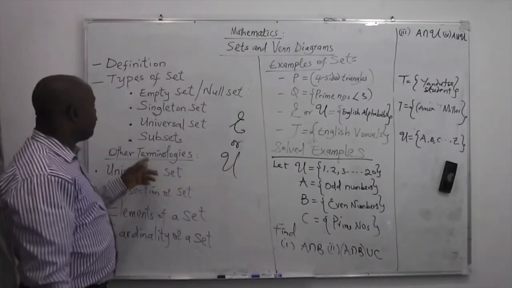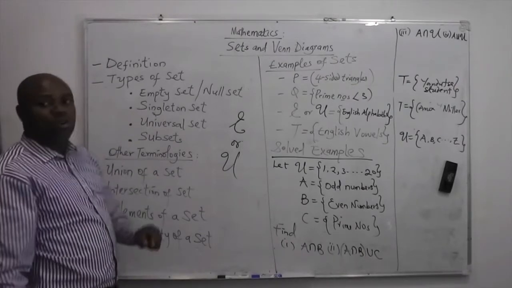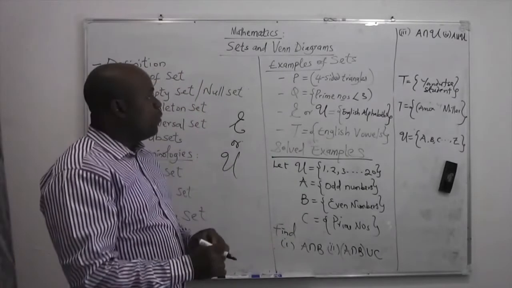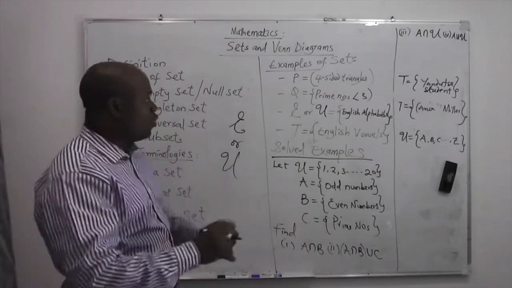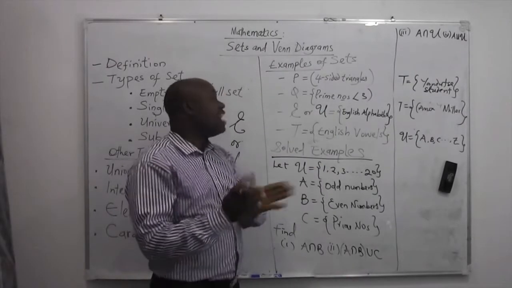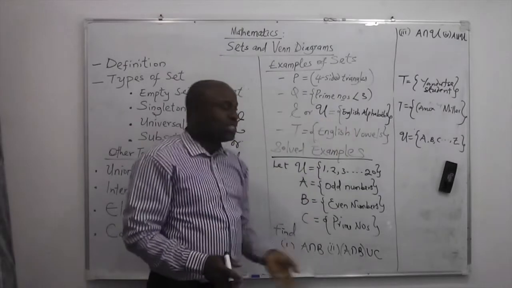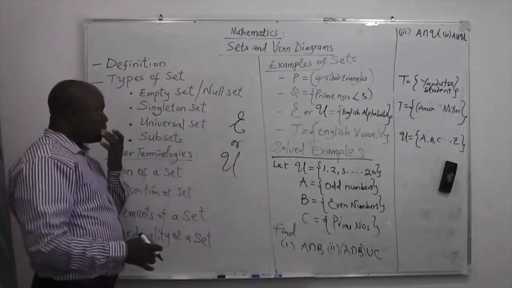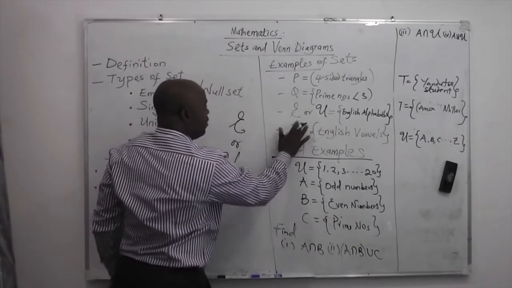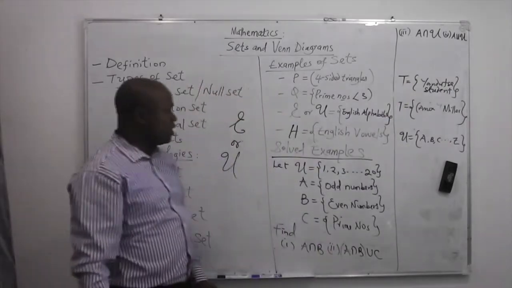Now, you have another type of set which is called subset. The subset of a given set is another set which belongs to the universal set but has its own peculiarity. That means a subset is a part of a universal set. Look at this example. If we say T is equal to English alphabet, or let's say H, as the case may be, because I've used T to represent medical students before.